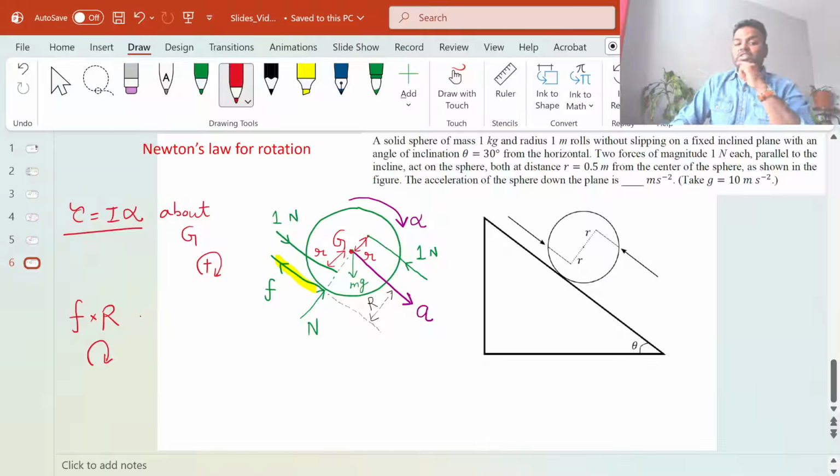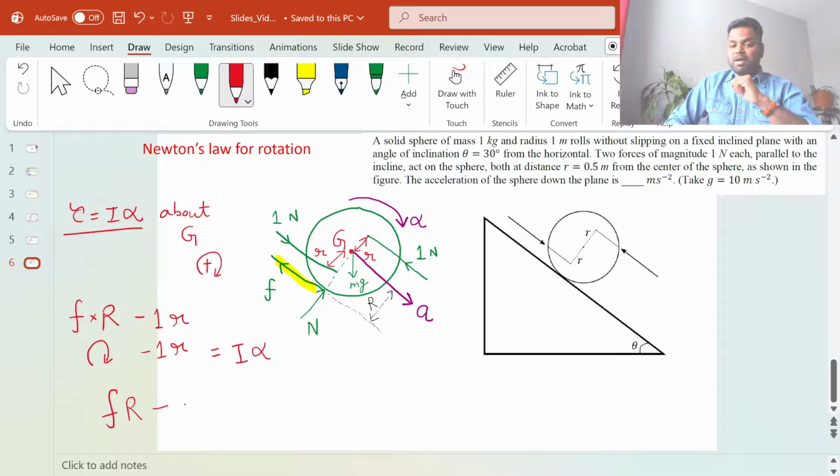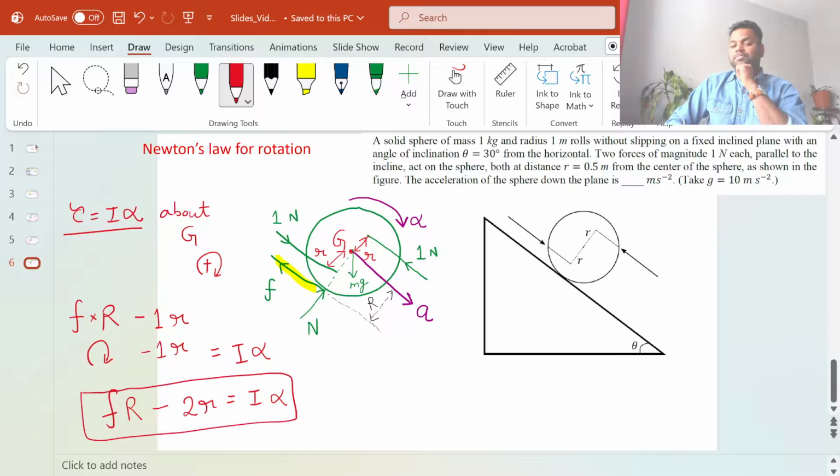So you will have minus 1R, and this 1 Newton will also create a counterclockwise torque, so that will also be minus 1R, and equal to I alpha. So you will have basically FR minus 2R equal to I alpha, okay? And that is your third equation.